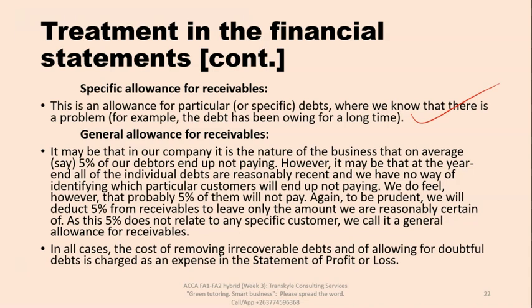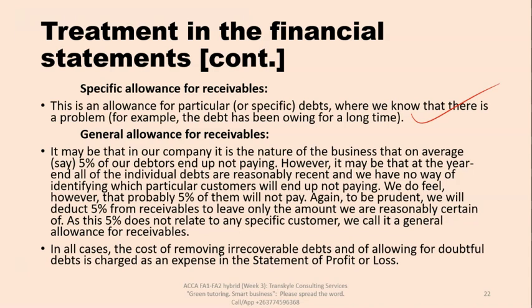Again, to be prudent, we will deduct 5% from the receivables to leave only the amount we are reasonably certain of. As this 5% does not relate to any specific customer, we call it a general allowance for receivables. In all cases, the cost of removing irrecoverable debt and of allowing for doubtful debt is charged as an expense in the statement of profit or loss.